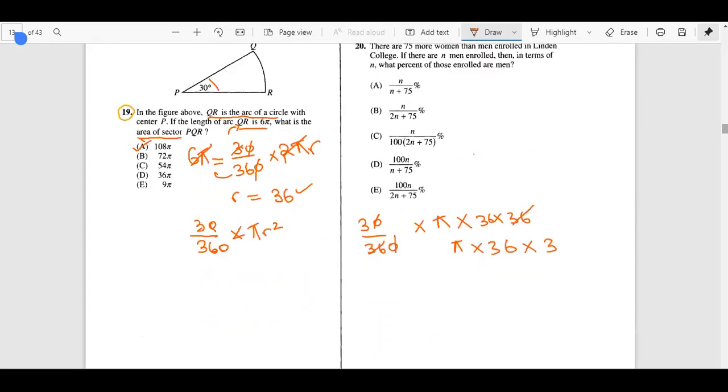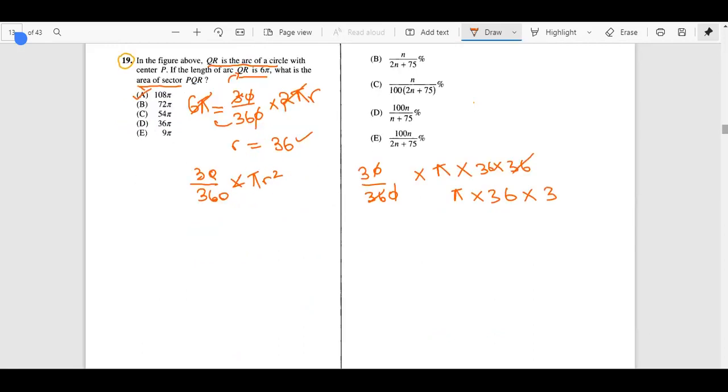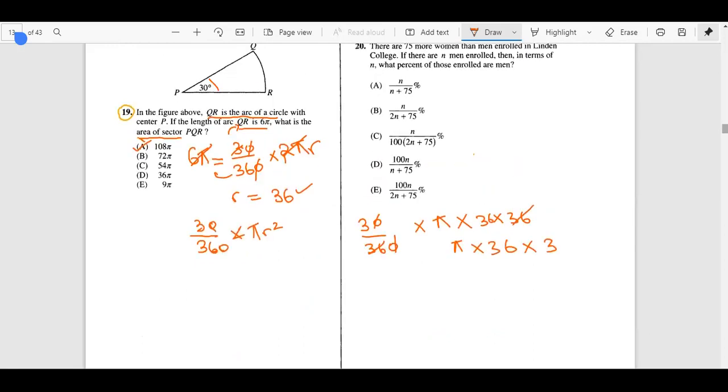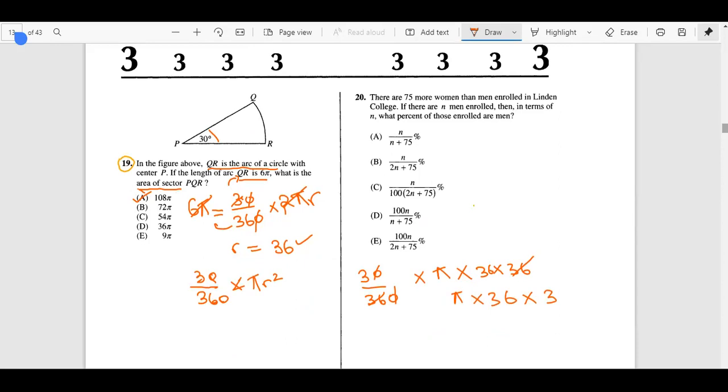Okay, now we have the 20th question. This is the last question. Okay. There are 75 more women than men enrolled in the Linden College. If there are n men enrolled, then in terms of n, what percent of those enrolled are men?